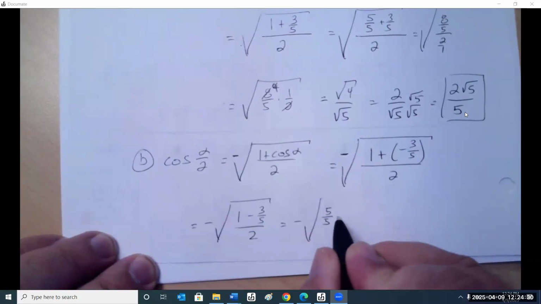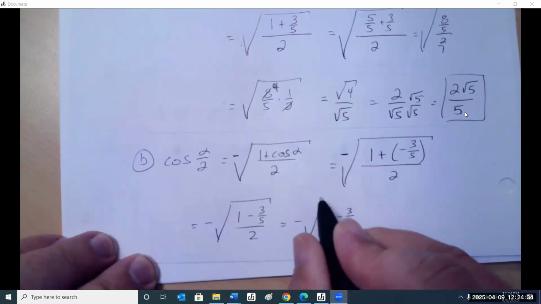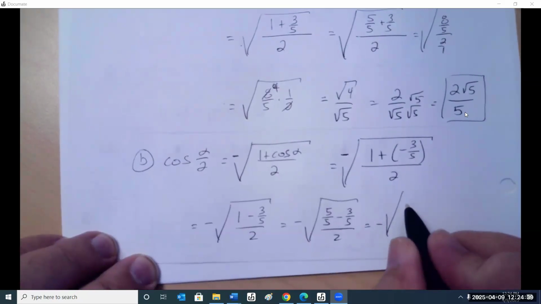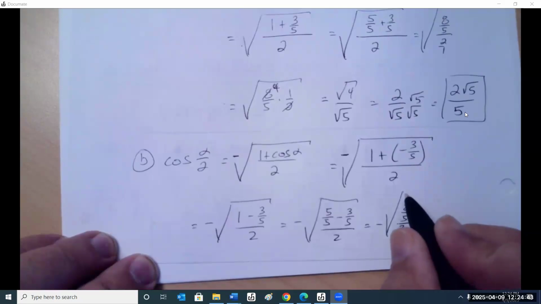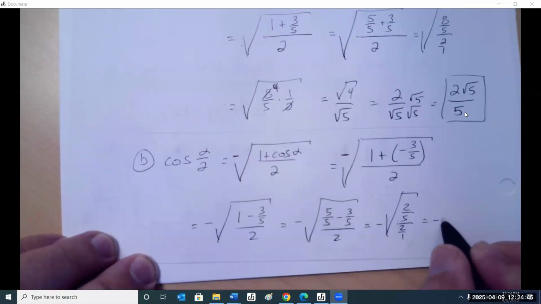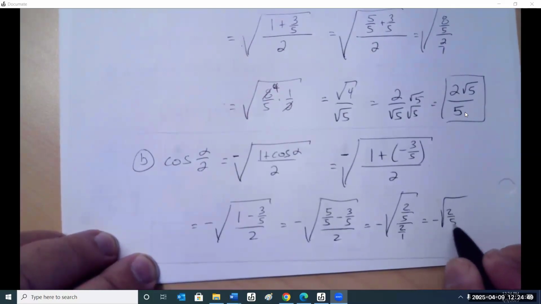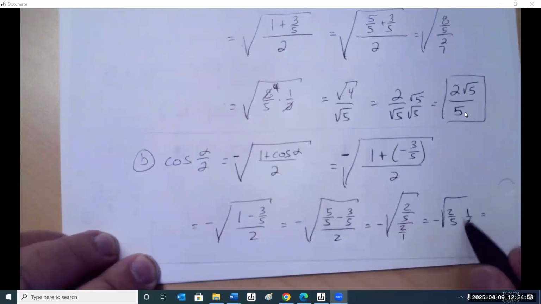Common denominator. So it's 2 over 5 over 2 over 1. These cancel.